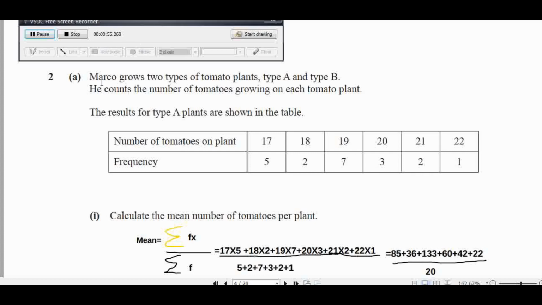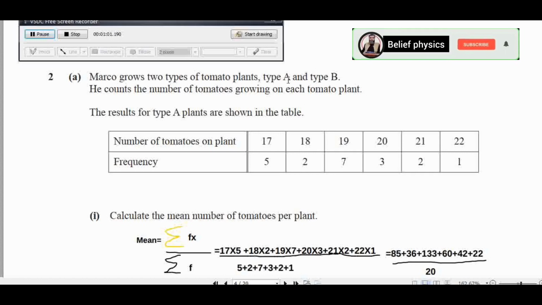The question is, Macro grows two types of tomato plants, type A and type B. Macro is someone who grows two plants of tomato of type A and type B. These are two plants. One is of type A and second is type B. This is given here. He counts the number of tomatoes growing on each tomato plant of each type.